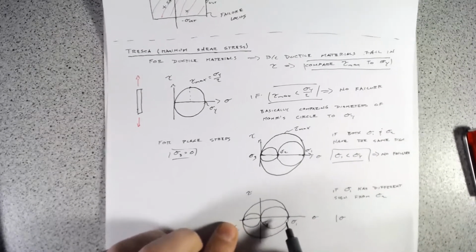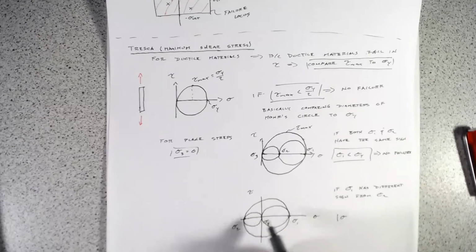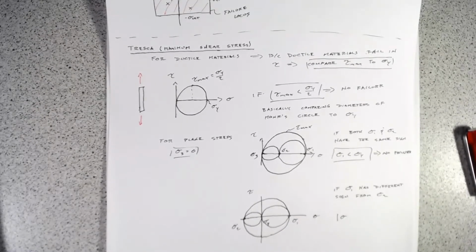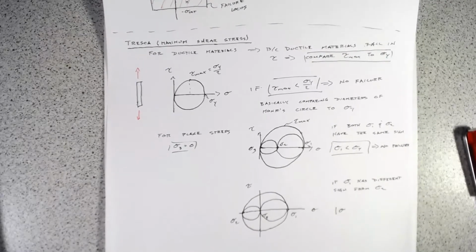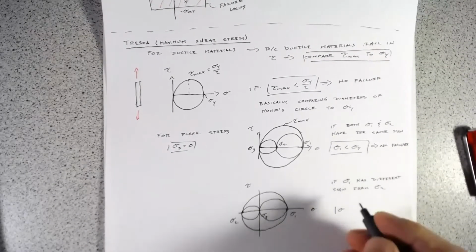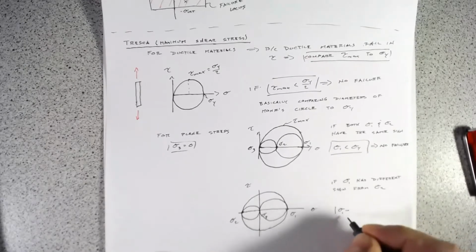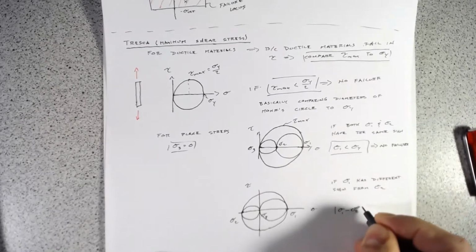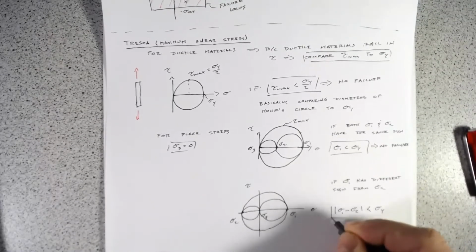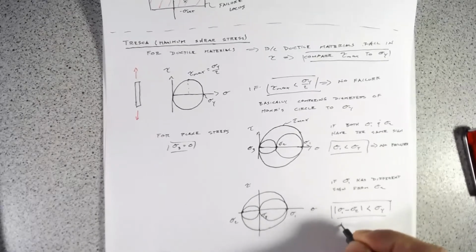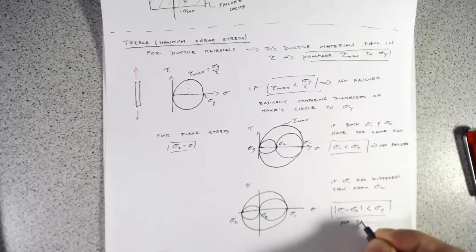Again, this is really all going back to just comparing diameters of our failure criterion, because what we're really looking for is this tau max, and we're just going to compare the normal stresses as a nice convenient proxy, because it's mathematically equivalent. If sigma 1 minus sigma 2 is less than sigma y, then we have no failure.